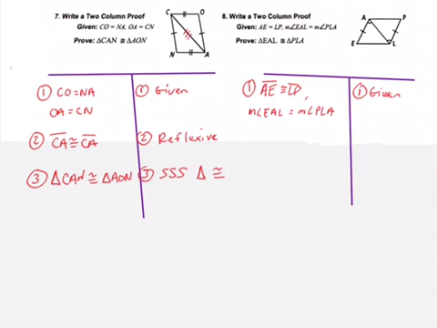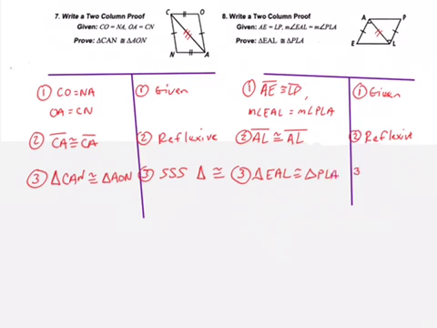So we look at our diagram and we notice we have a reflexive property at play here. So step 2 would be to say that AL is congruent to AL by the reflexive property. From there, we now have enough to show that triangle EAL is congruent to triangle PLA by side angle side triangle congruence.